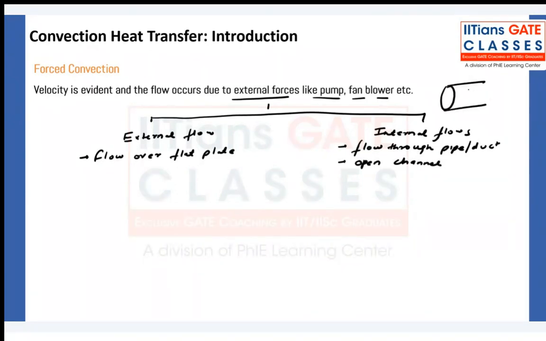If this is the diameter of the tube or pipe, it is partially filled. Yes, there will be free surface. Very nice. So it is partially filled and this is your free surface.